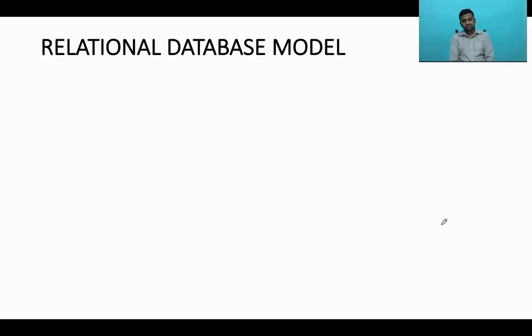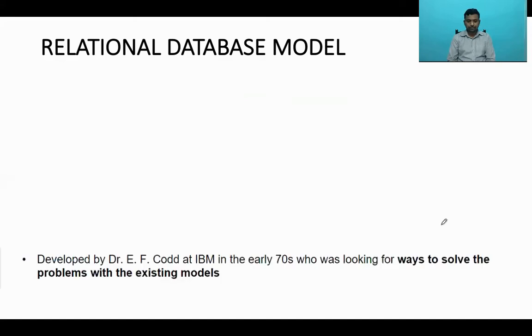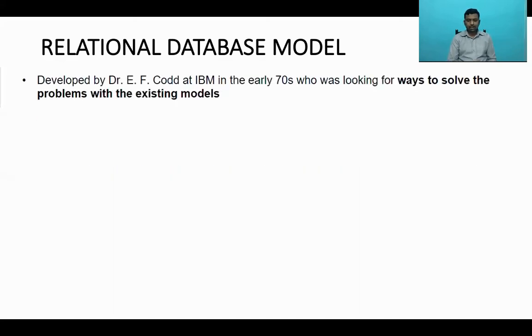Next is the relational database model, or the RDBMS, relational database management system, that we are going to see now, right? This was developed by Dr. E.F. Codd at IBM in the early 70s, who was looking for ways to solve the problems with the existing models. What are the problems in the existing models?